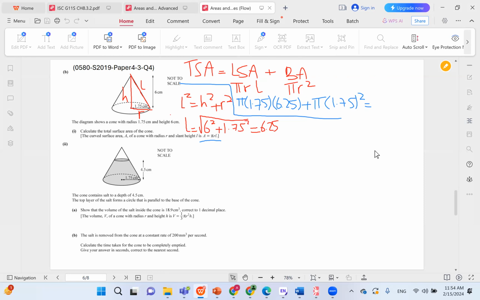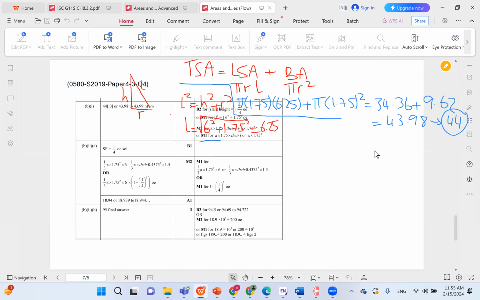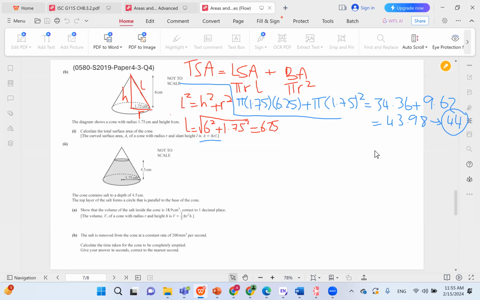You get the answer for the first part, which is 34.36, plus pi times 1.75 squared, which would be 9.62. So the final answer would be the summation of these two numbers, 34.36 plus 9.62 gives us 43.98, which is obviously just 44. Therefore, the total surface area is 44, and the answer to BI is 44, so we are moving correctly so far.